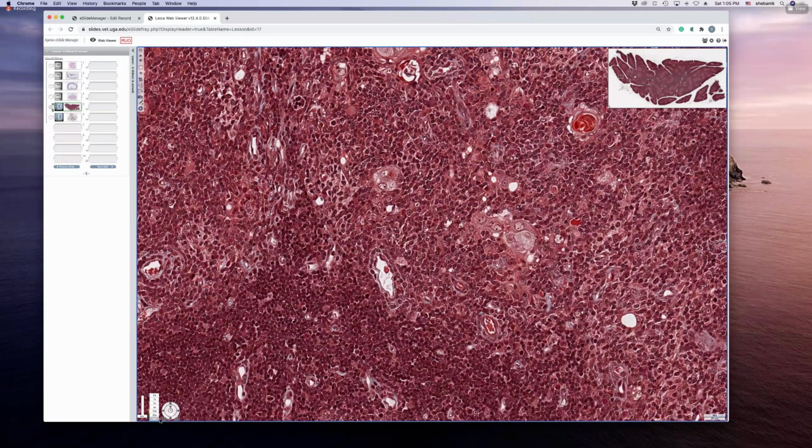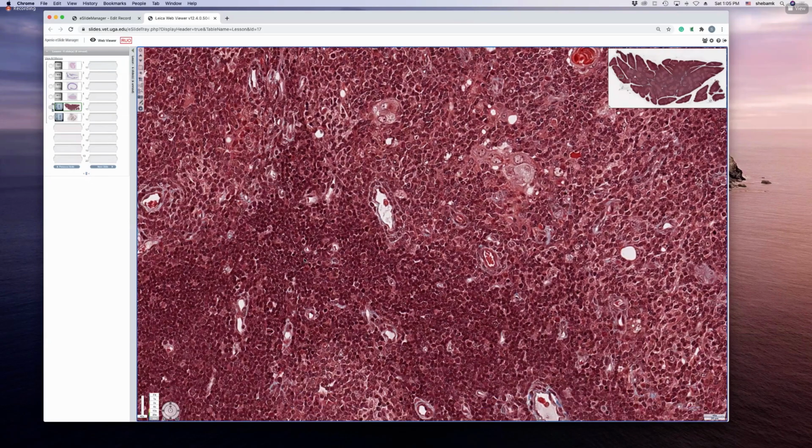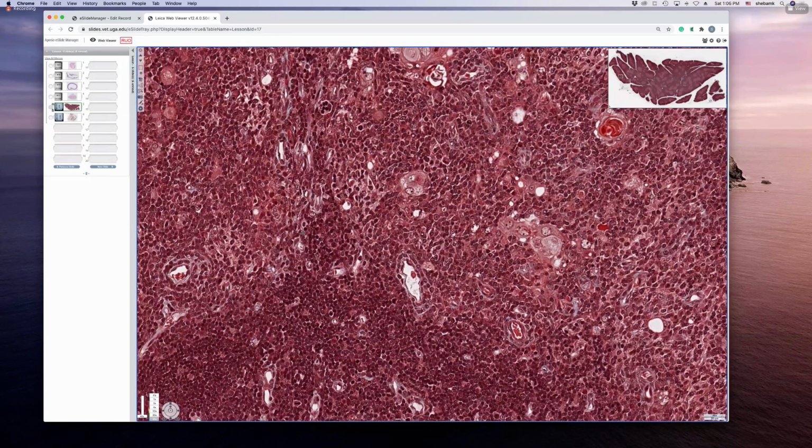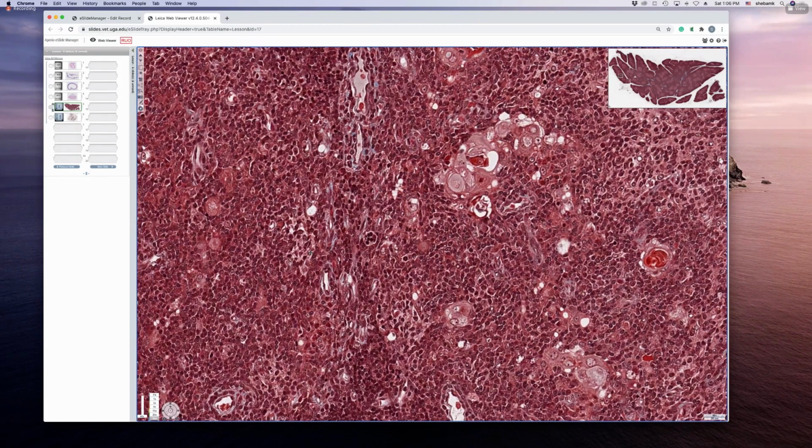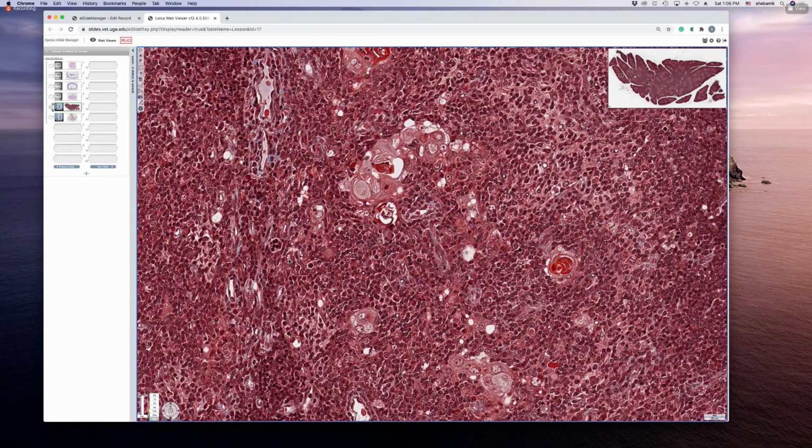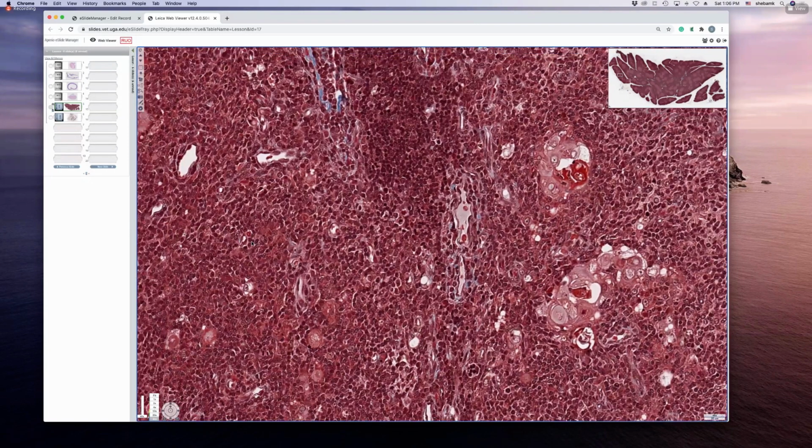But in between, let's go 40x. Let me go to a good region. Look at that guy there, with a large pale nucleus.